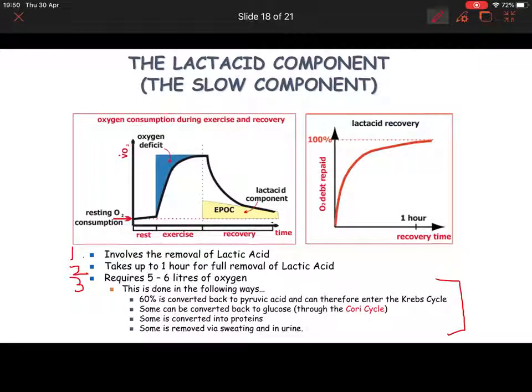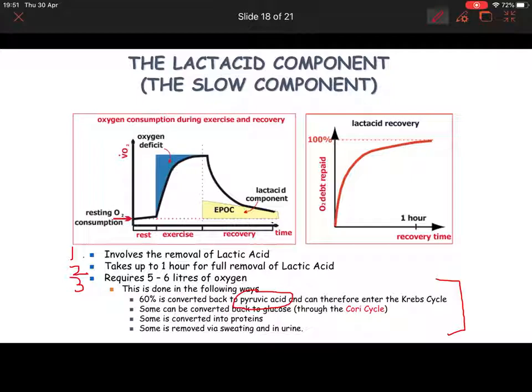Okay, so the majority of lactic acid is actually converted back into pyruvic acid. And the reason why comes back to the oxygen. Remember, in the aerobic system, pyruvic acid is broken down further in the Krebs cycle because there's oxygen present.